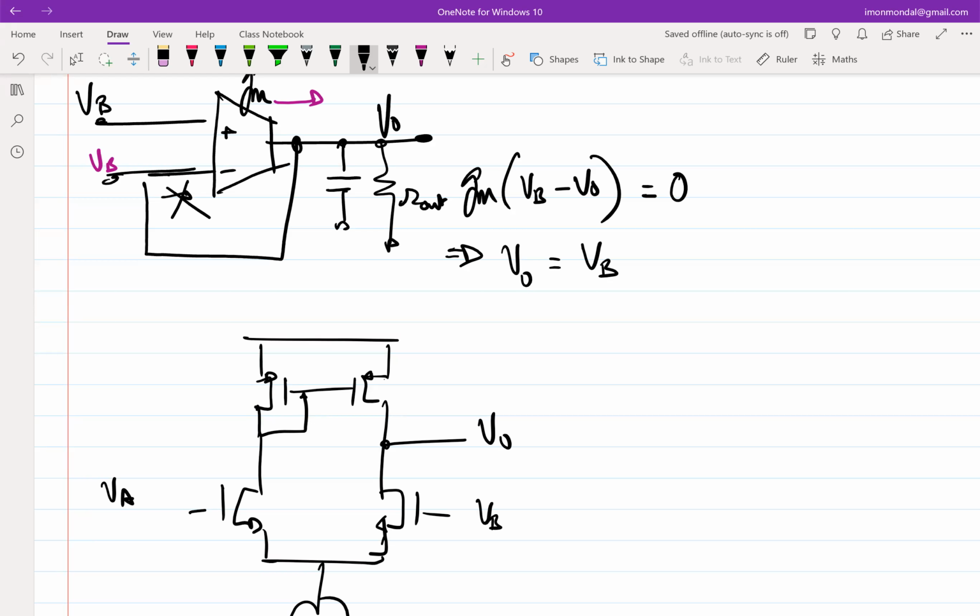So why not VA? You can check. Yeah, check. So Mohan, what do you think? So let's connect V0 to VA.